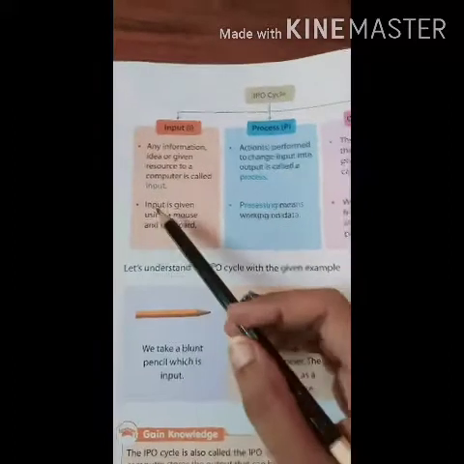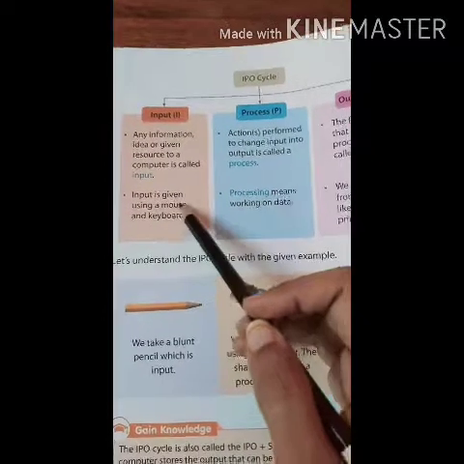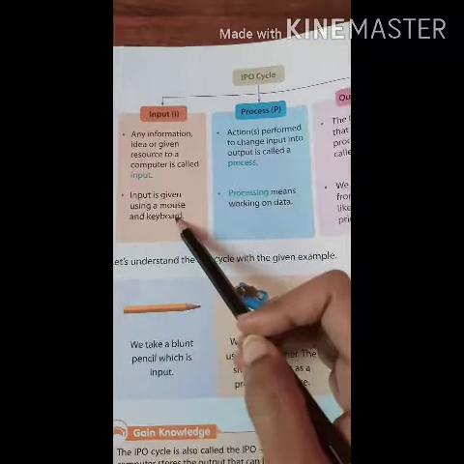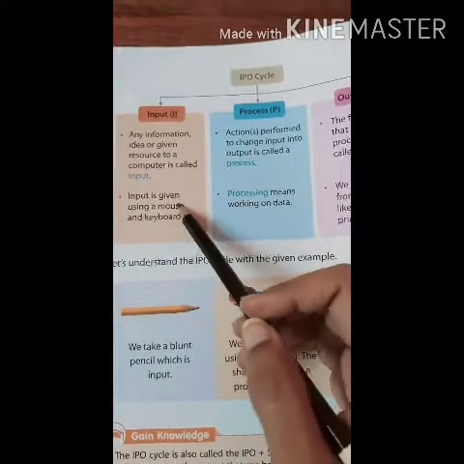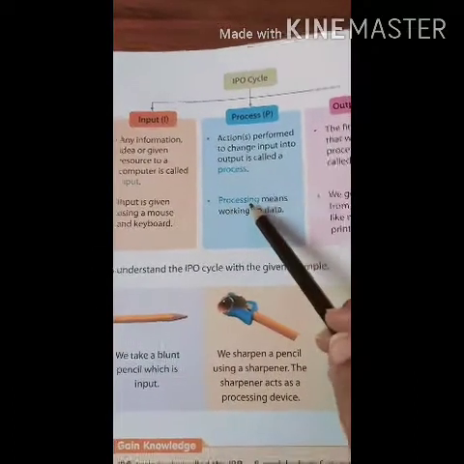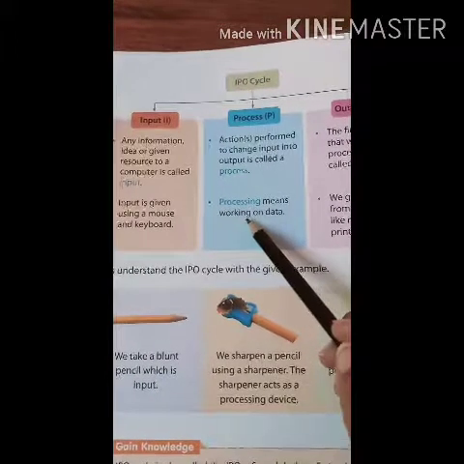Now see this. Input is given using a mouse and a keyboard. So these two are input devices. We give input through the mouse as well as the keyboard. Next is the processing. Processing means working on data. So that is the CPU.